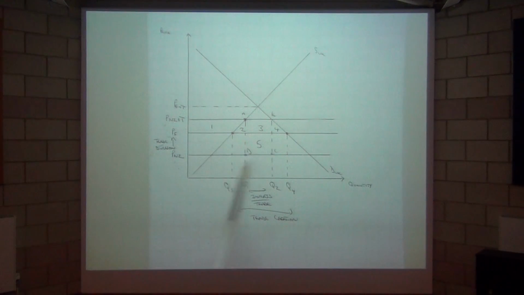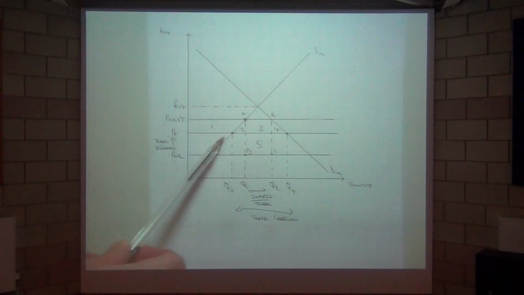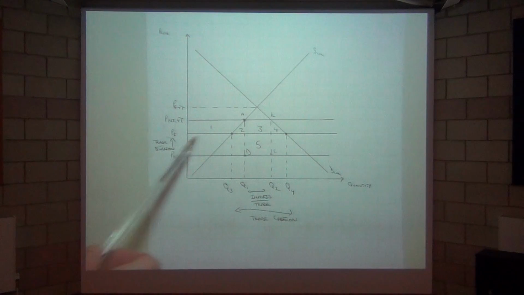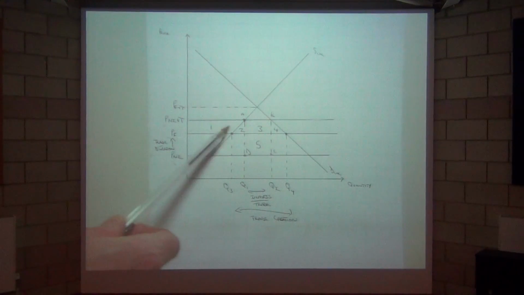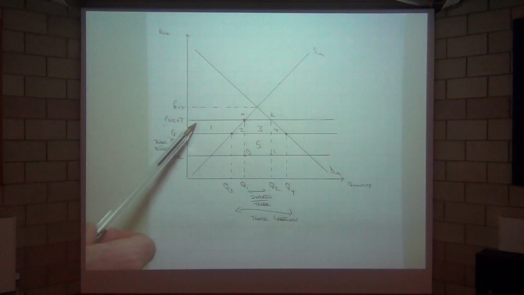So if we consider the initial price PNZ plus T, so there's the price, there's the supply curve, and all of that triangle there would have been producer surplus. Now the price has fallen to PF, and so the producer surplus is now just this triangle. And so we've lost that area, number 1.